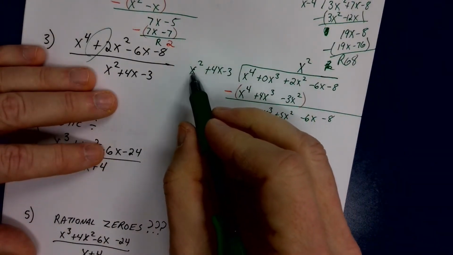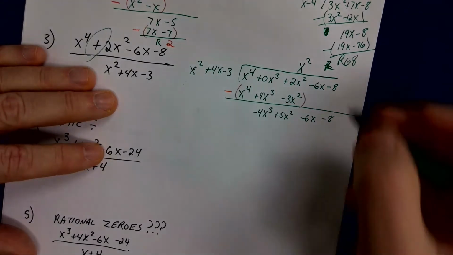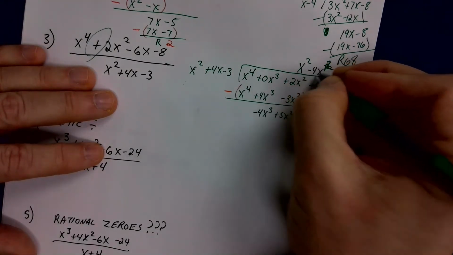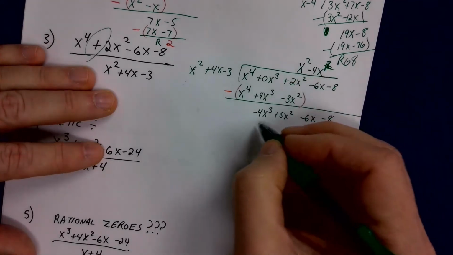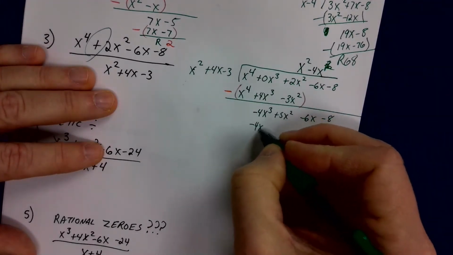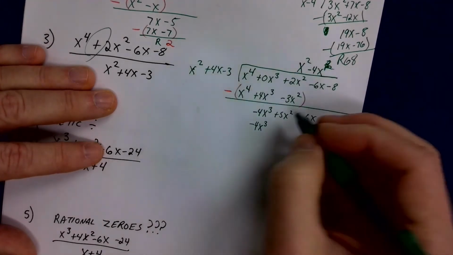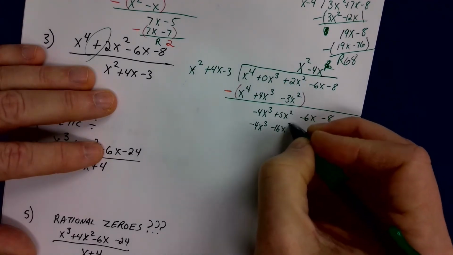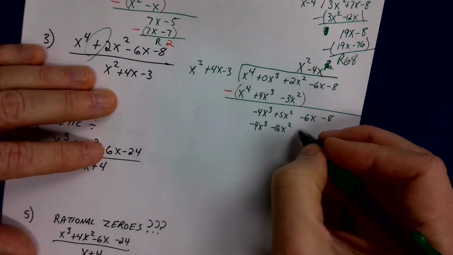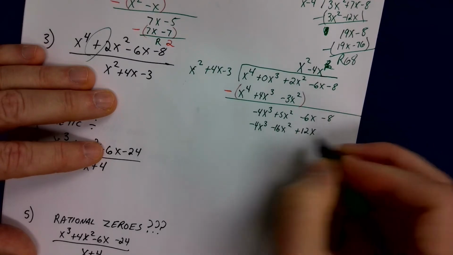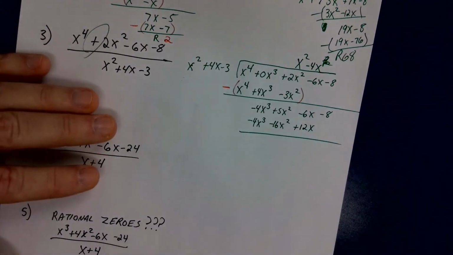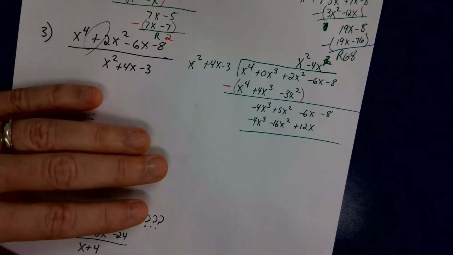Next, how many times does x squared go into negative 4x cubed? Well, that should be minus 4x times. Negative 4x times x squared is negative 4x cubed. Negative 4x times 4x is negative 16x squared. Negative 4x times negative 3 is positive 12x. Again, a lot of computations, but nothing that you have to think on your own.